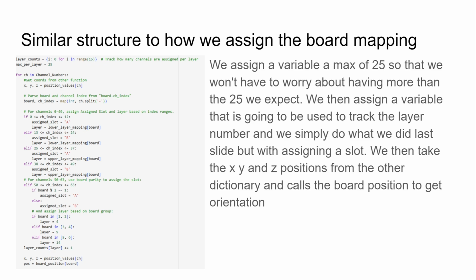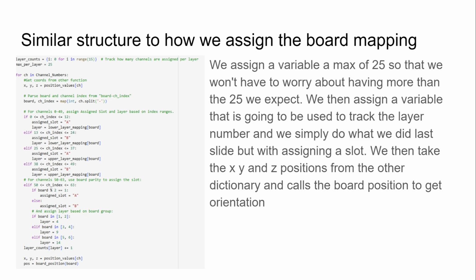So we have board and channel. We map those and split them, so we get an integer value for the board and the channel. We then check if the channel index is in between our values, which if it's in between 0 and 12, it's A, 13 and 24 it's B, and so on and so forth. And then we have our special channels that need to manually be assigned, which we do by checking the remainder, and then we assign those directly.